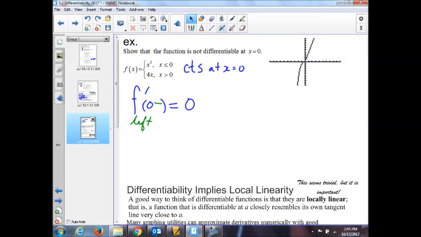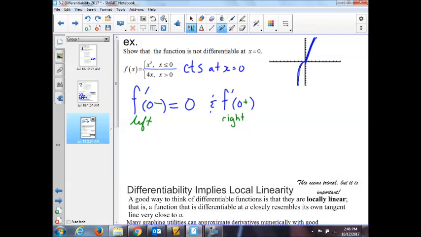Now from the right, it's a line. Are you doing this for x cubed only? Oh, from the left, I did it for x cubed, because that's what's on the graph. But from the right, it's the linear function, 4x.